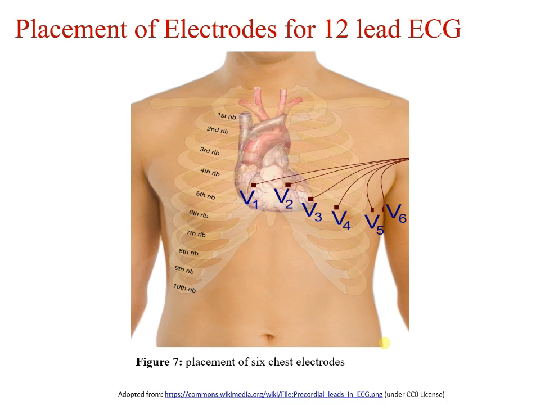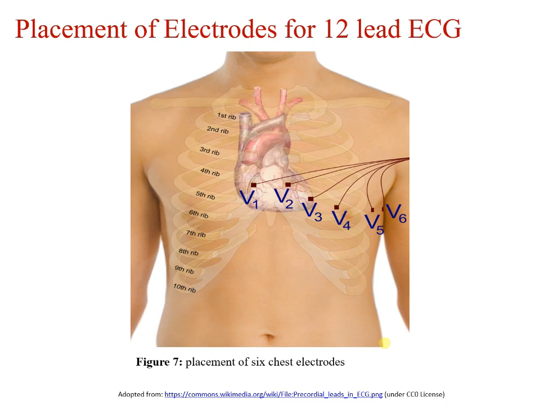The V1 and V2 are placed on the right and left side of your sternum at your fourth intercostal space. What is the intercostal space? It is the space between two ribs.